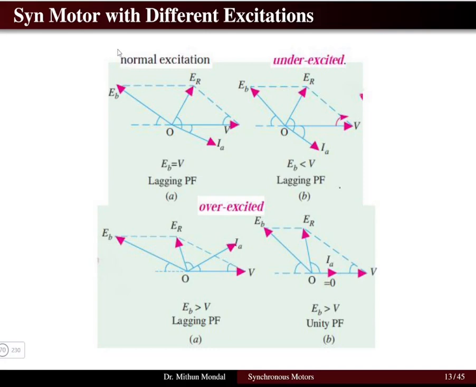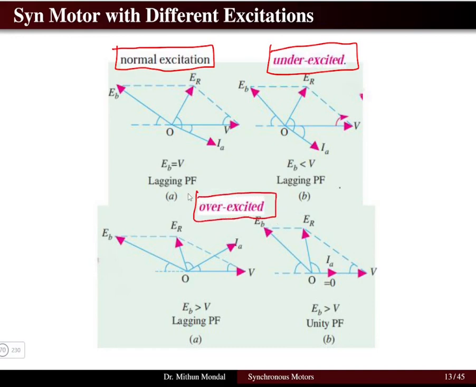So three different excitations we are going to discuss. One is the normal excitation, then under excitation, and the third case we are going to discuss is the over excited synchronous motor. So the synchronous motor can have three different types of excited conditions: normal excitation, under excitation, and over excitation.